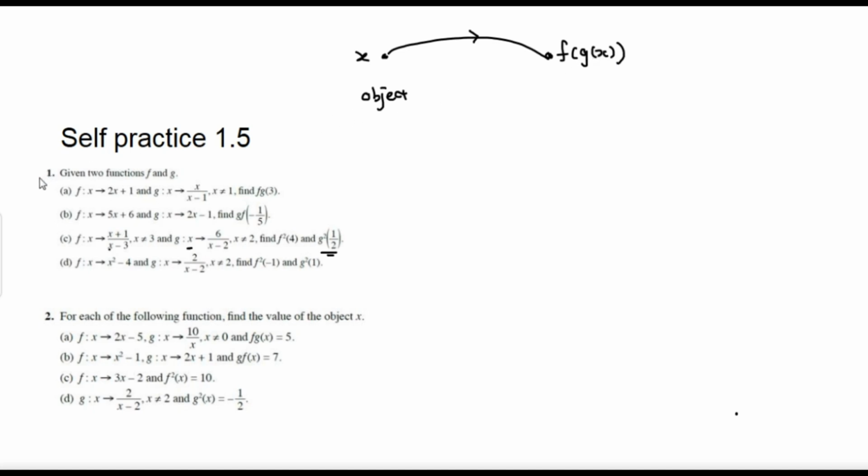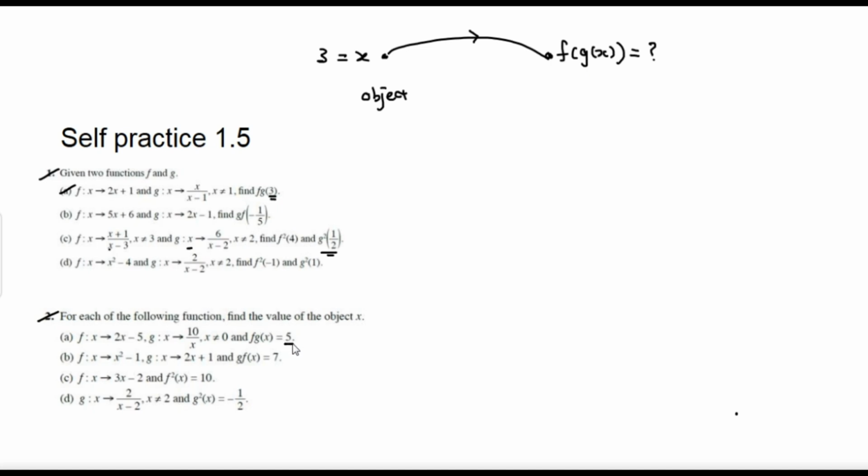Question number 1 is categorized under this type of question. For instance, in A, they give you the object, which is 3. So what is fg(x), the corresponding image? You have to find the image. And then question number 2 is a different question.